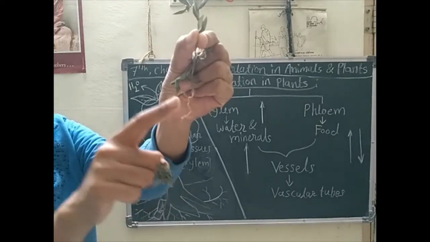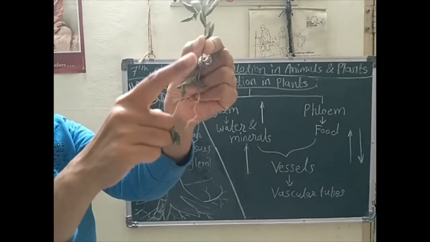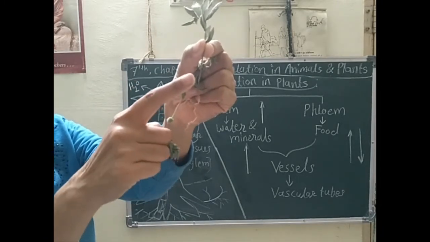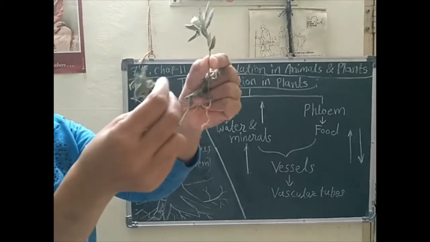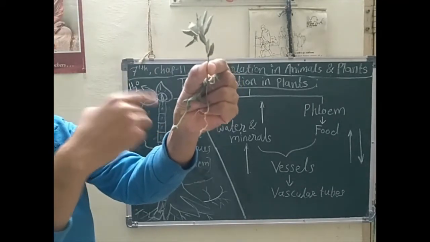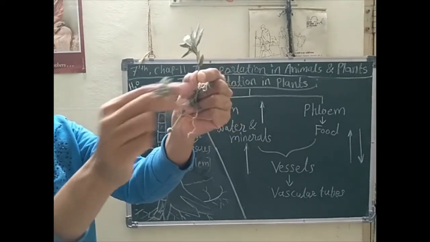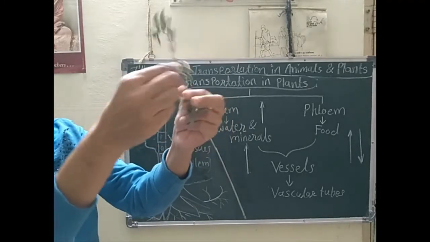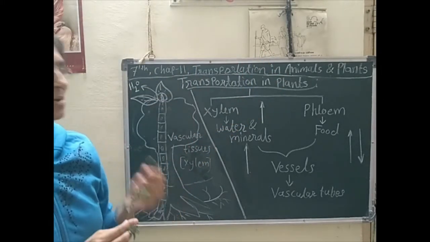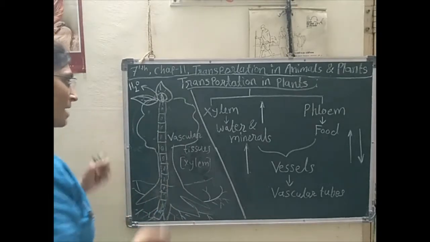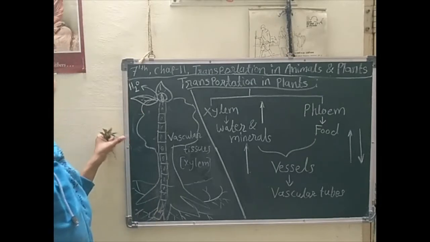All this part is inside the soil, and at the upper side of the root, at the upper side of the plant, the stem is present, and to that stem many branches are present in many plants, and leaves are present as well. Then flowers and fruits are also present.